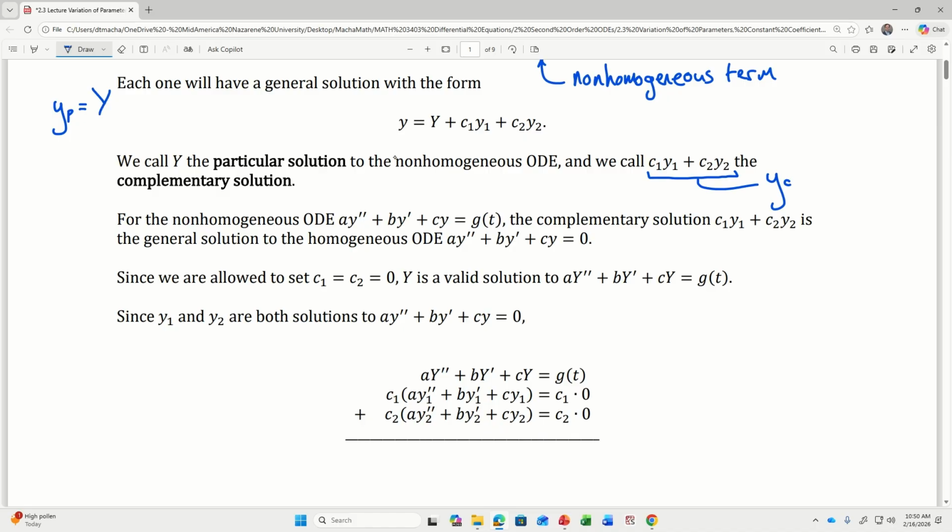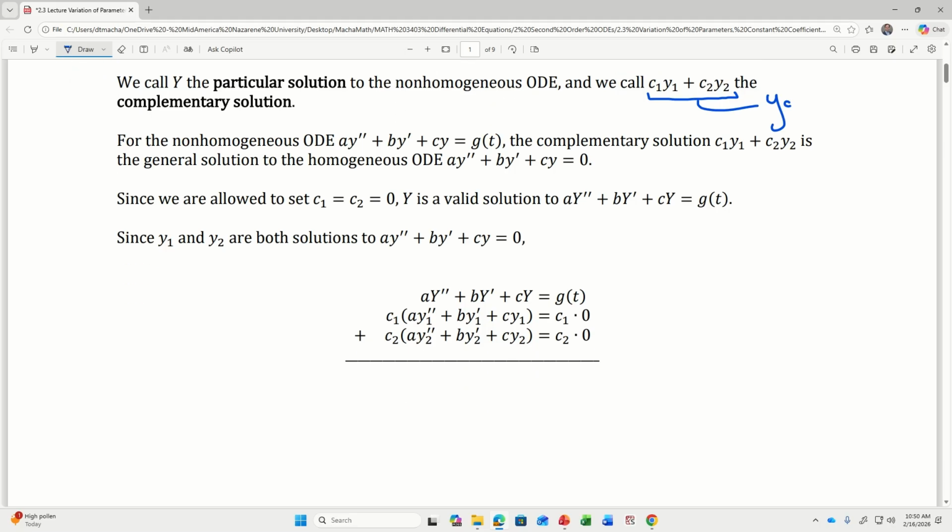So if you just pretend the non-homogeneous term goes away, then you get the corresponding homogeneous ODE. You solve that to get the complementary solution, and then what you're left with is you still have to figure out what this capital Y is, the particular solution, but at least you get the complementary part relatively easily.